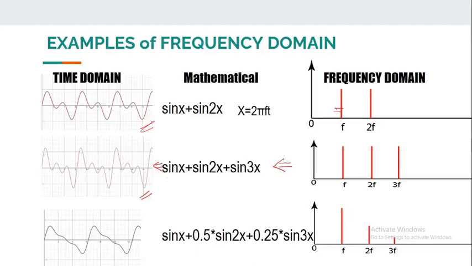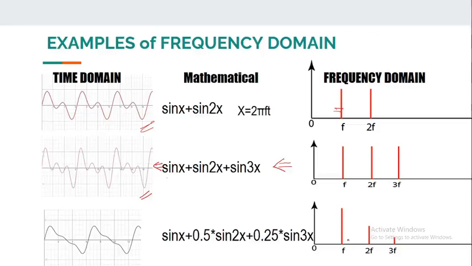This is another one. Its frequencies are the same, f, 2f and 3f, but the individual components have different amplitudes, different strengths or different peaks. One has high amplitude, the other is 0.5 or half times, the other is 0.25 times the first.